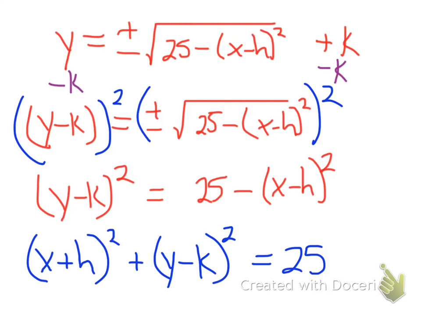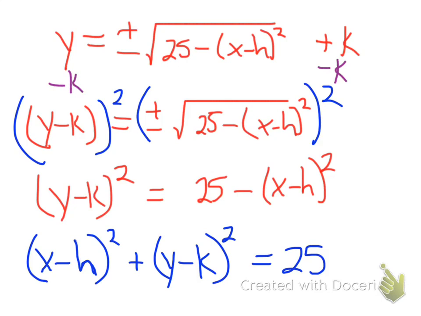Now this is the equation of a circle that has been horizontally shifted and vertically shifted. I made a slight mistake here: that one should be x minus h, because there's the minus right there.